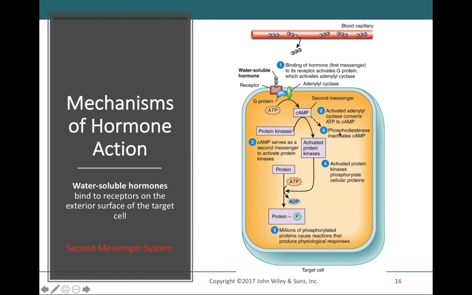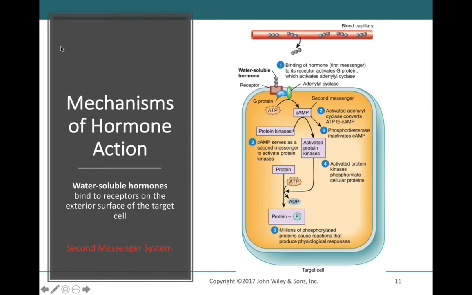So what you're not able to see from this slide is that when a hormone binds to its receptors, many different G proteins are going to go and activate many different molecules of adenylyl cyclase. It's not just one G protein per one receptor. We have lots of G proteins that are bound to one individual receptor, and those G proteins will then individually go and activate many other enzymes.